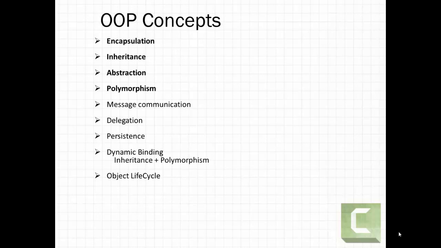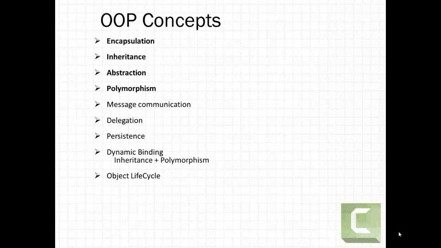This is the most important slide for this OOP course. You can see that there are a lot of concepts which are used in real-time problems: encapsulation, inheritance, abstraction, polymorphism, message communication, delegation, persistence, dynamic binding, which is a combination of inheritance plus polymorphism, and object life cycle.